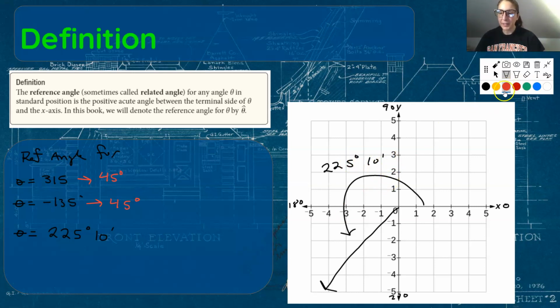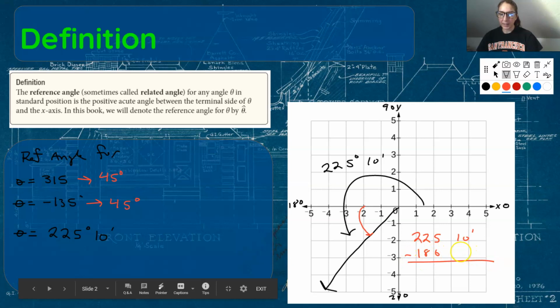Okay, so I'm still going to play the same game. How far is that angle from the x-axis? Well, this space here is still 180, and I went 225 degrees, 10 minutes. So I'm just still going to do a subtraction. I want to find the space between here and here. So I'm going to subtract this space from this space, and I'll get the in-between space. So 225 degrees, 10 minutes, minus 180, and there's 0 minutes there because it's a perfect angle.